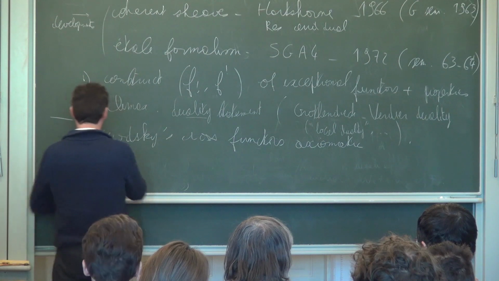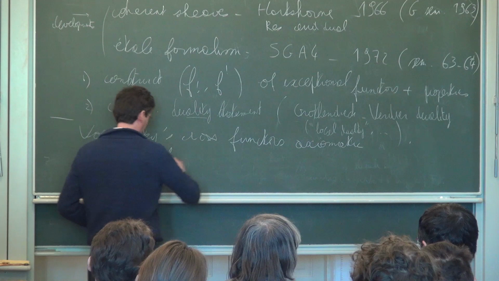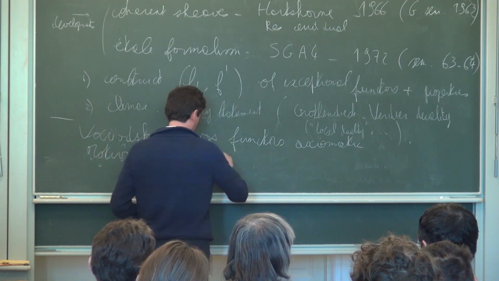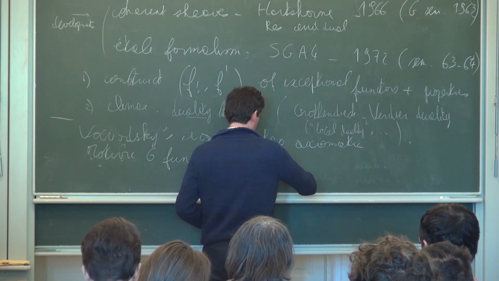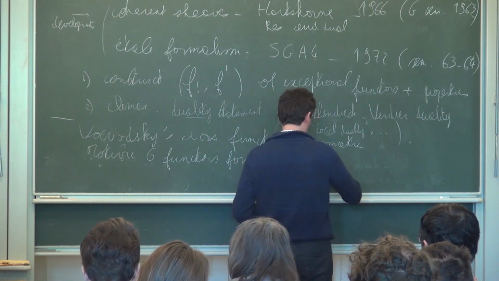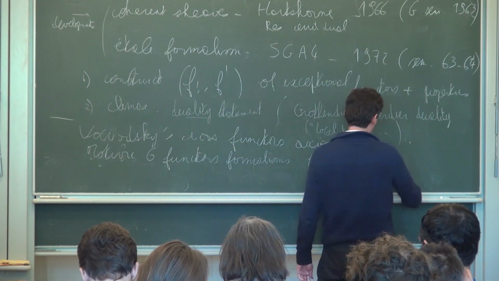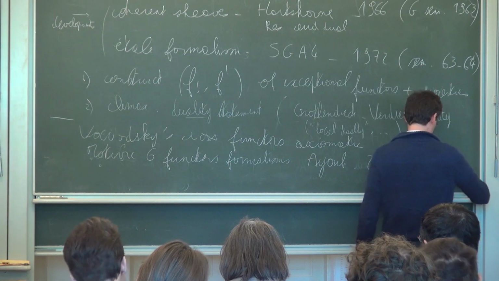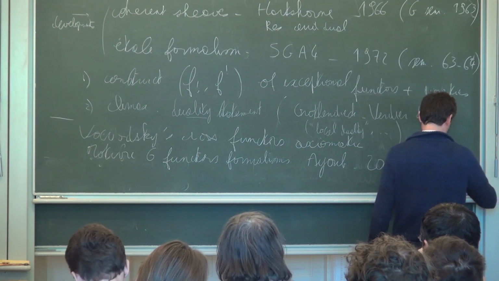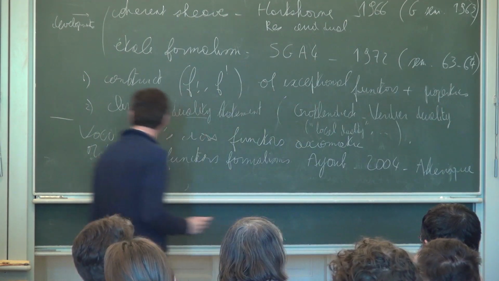So let's say the motivic six functors formalism and axiomatic of cross functors. This is Ayoub in his thesis, so I guess it's 2004, and it's published in Astérisque slightly later.